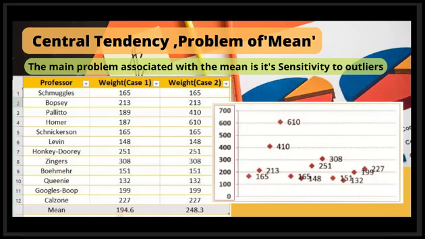Now, let's say you have changed these two observations. I mean number 3, 189, converted to 410, as well as another 189, I mean 187, converted to 610.